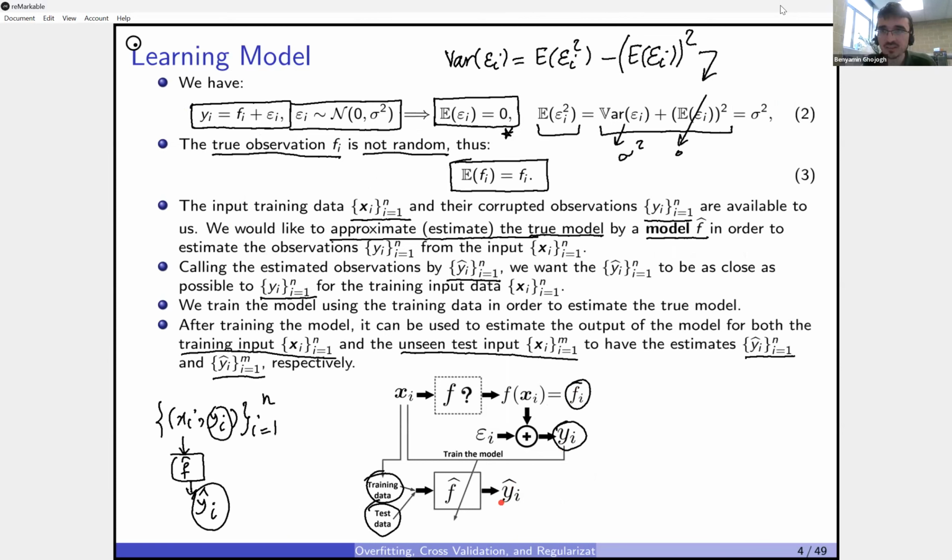Yi hat is just the output of the machine learning model, right? We might also denote it by fi hat, doesn't matter. So this is fi hat or yi hat, but this is fi. We don't have fi, we have yi for training data. The predicted output either for training or test data we denoted by yi hat or fi hat.